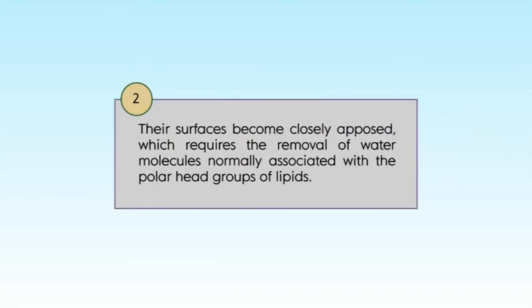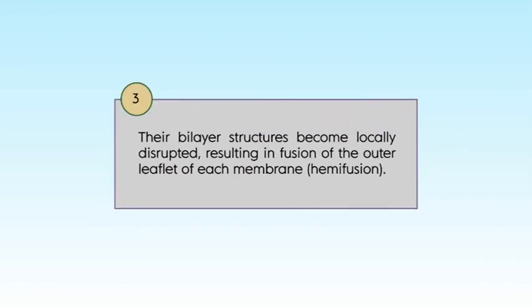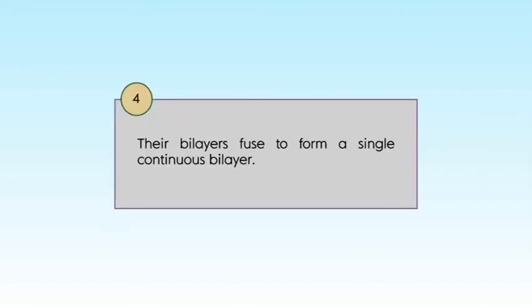Then their surfaces become closely opposed, which requires the removal of water molecules normally associated with the polar head groups of lipids. Then their bilayer structures become locally disrupted, resulting in fusion of the outer leaflet of each membrane. And their bilayers fuse to form a single continuous bilayer.